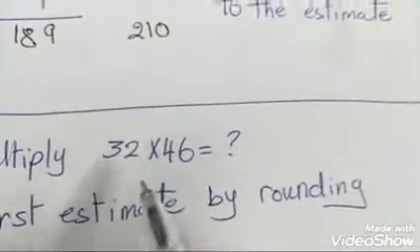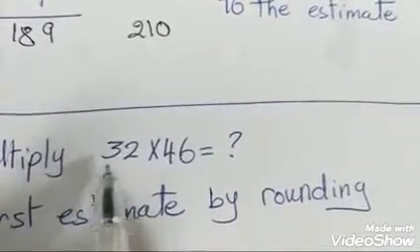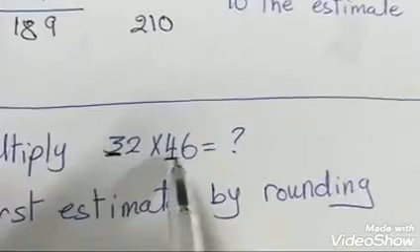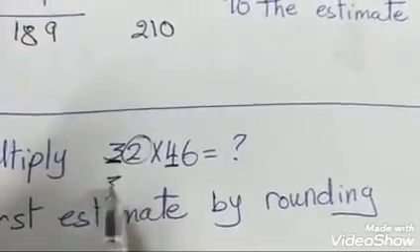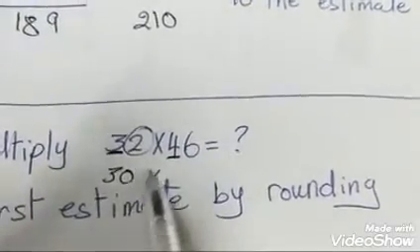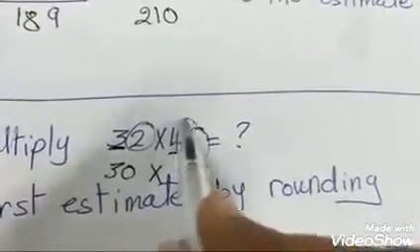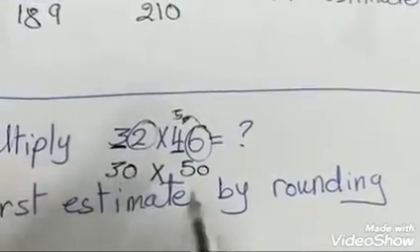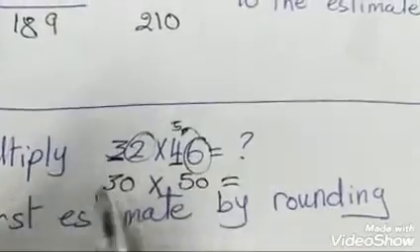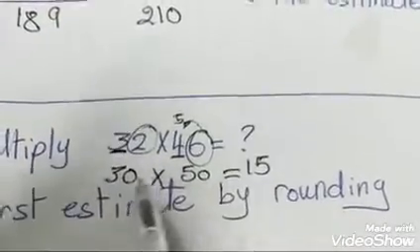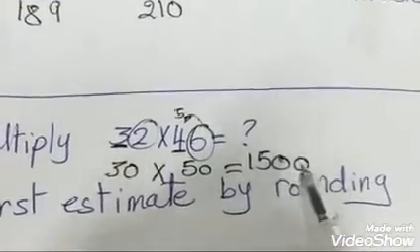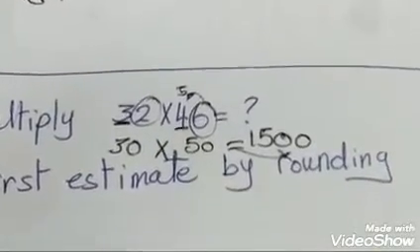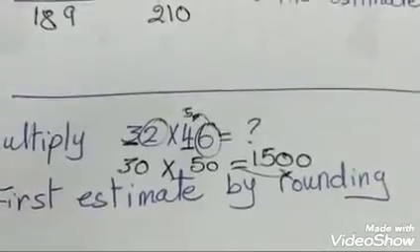If I round to the nearest tens, this is the tens digit 3 and 4 here as the tens digit. 2 is a poor number, so this one will remain 30 as it is, times 46. 6 is a rich number, so the 4 will increase by 1, it will be 5, so it's 50. 30 times 50. 3 times 5 will be 15, and I will have 2 zeros in the result. It will be 1,500. This is my estimation.